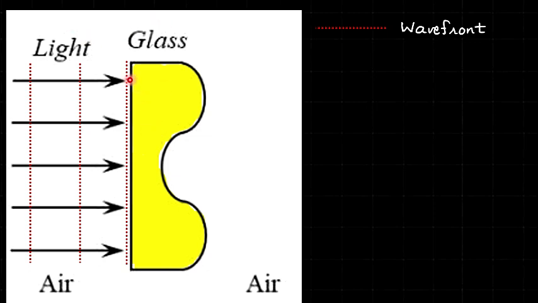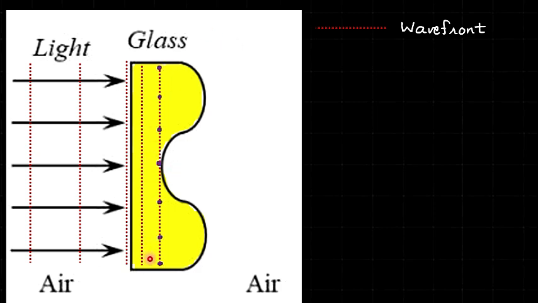So now all the rays that were moving in air will start moving slowly. Still they will reach up to here. They will reach up to here simultaneously, because of the same medium, the same speed, and they have to travel the same distance. So all the rays will reach this wavefront simultaneously. At this moment, let's take a few points on this wavefront.